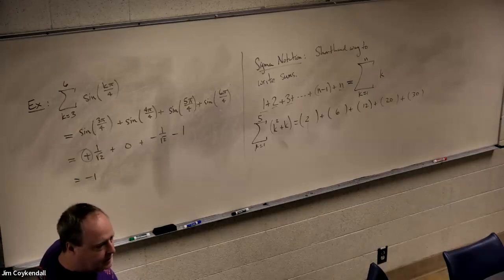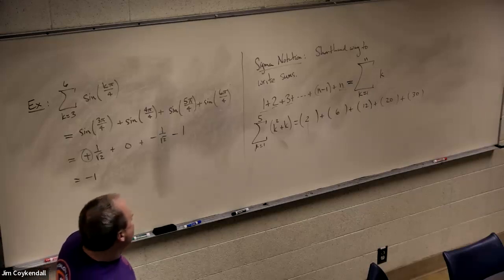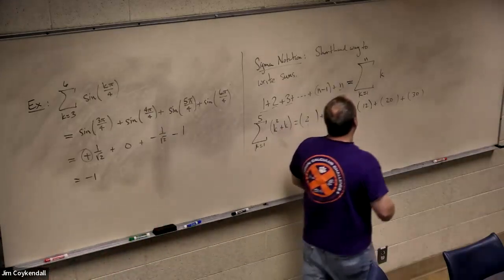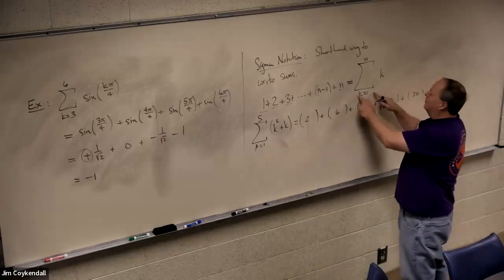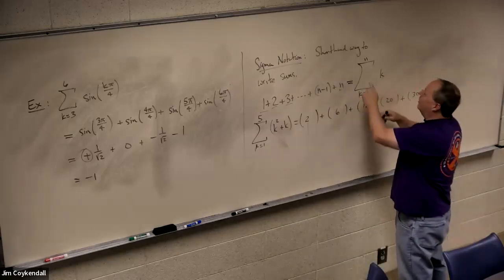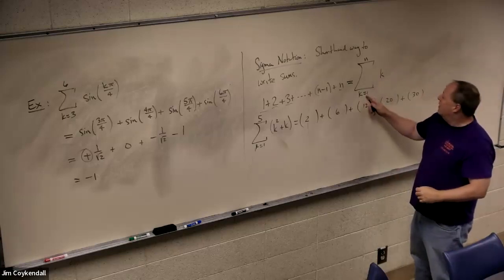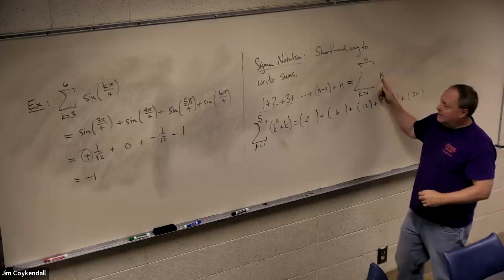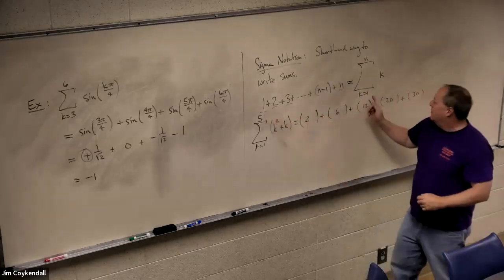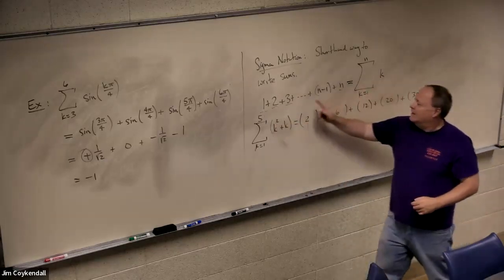Any questions? Yeah, how do I get them? Just by plugging into the formula. So this is like a counter. This goes k equals 1, 2, 3, 4, all the way up to n, and you add up along the way. So when k equals 1, plug into the formula, I get 2. k equals 2, plug into the formula, I get 6.